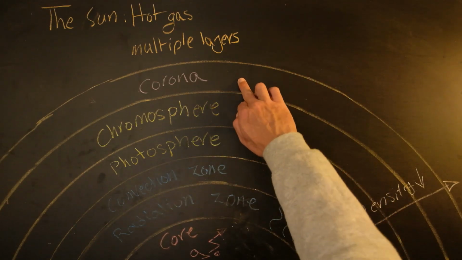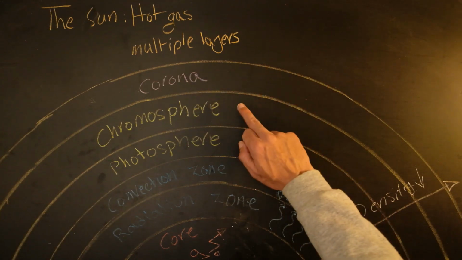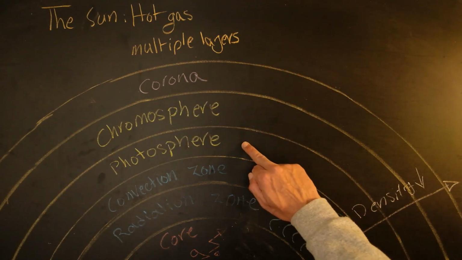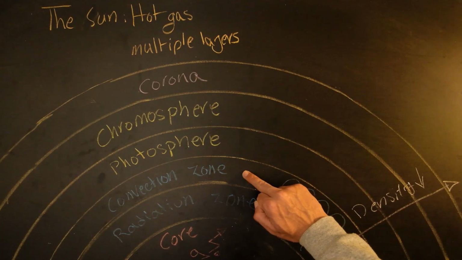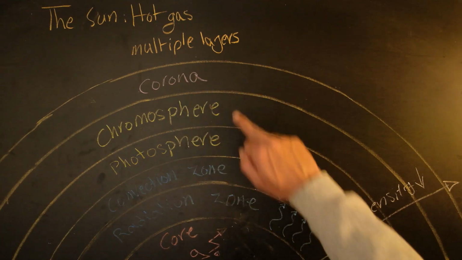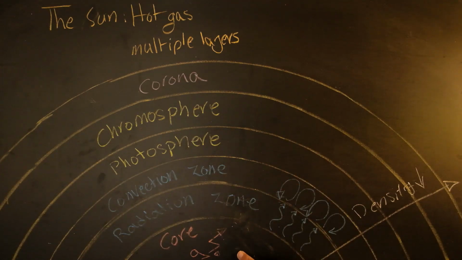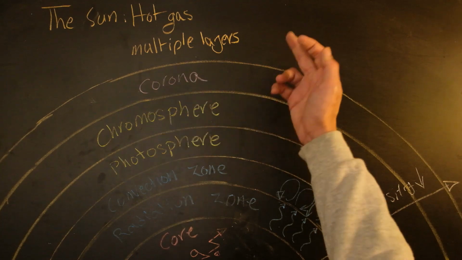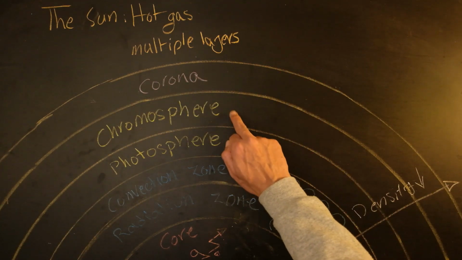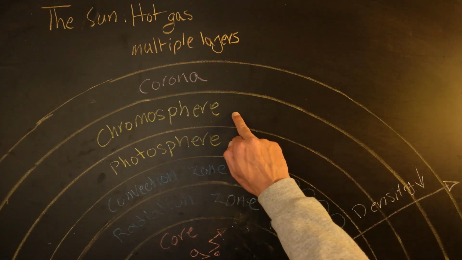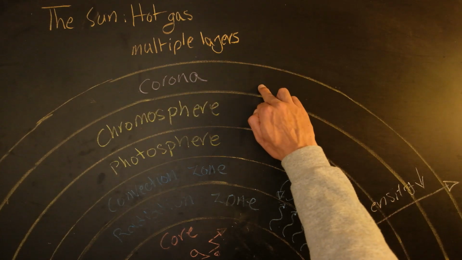So corona is hotter than chromosphere, photosphere, and convection zone. It's not as hot as radiation zone or the core, but it's still extremely hot compared to chromosphere. So you have around 2,000 to 4,000 Kelvin, and suddenly we have a jump to a million Kelvin.